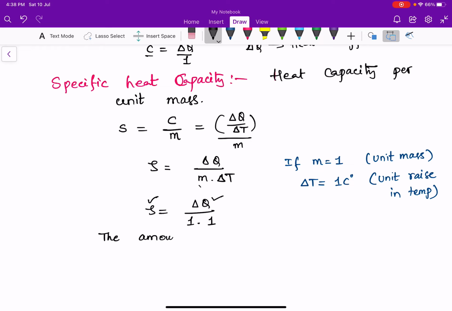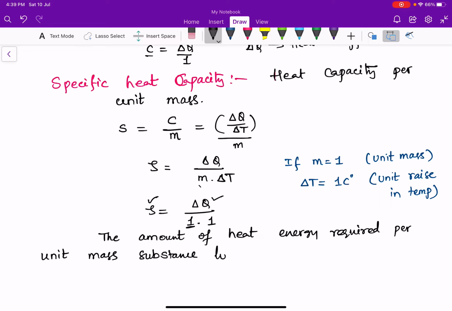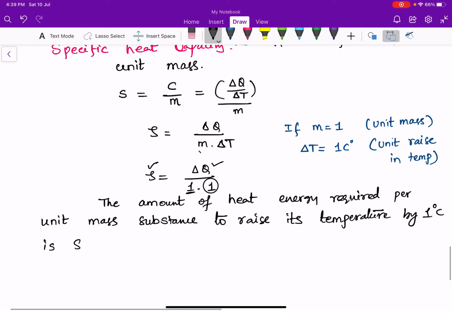So the definition of specific heat capacity: delta Q is nothing but the amount of heat energy required per unit mass of substance to raise its temperature by 1 unit, or 1 Celsius degree, is called specific heat capacity.